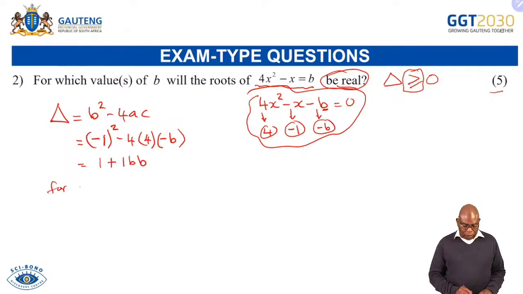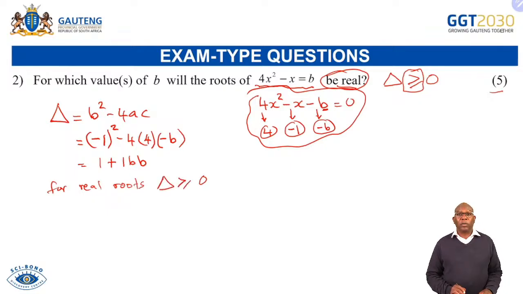Then I know for real roots, delta must be greater than or equal to 0. So whatever I got for delta there, I must say it is greater than or equal to 0. So it's 1 plus 16b, greater than or equal to 0.